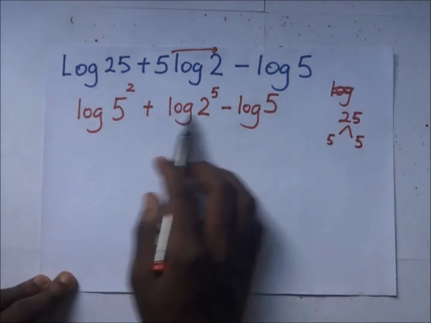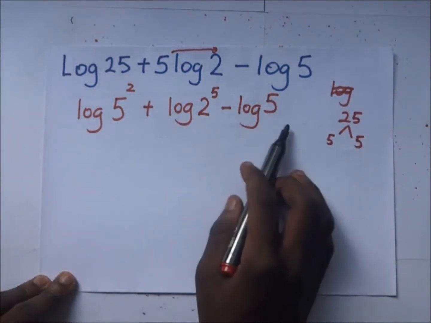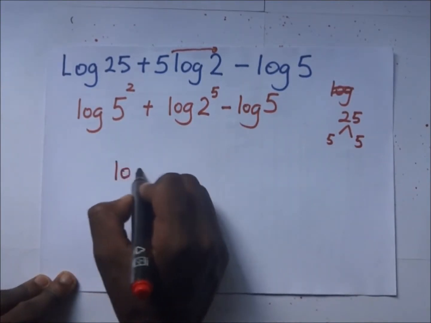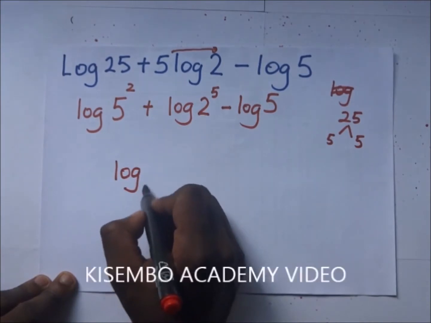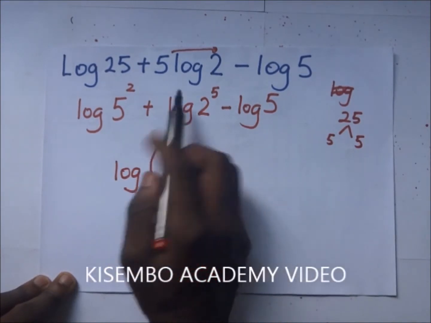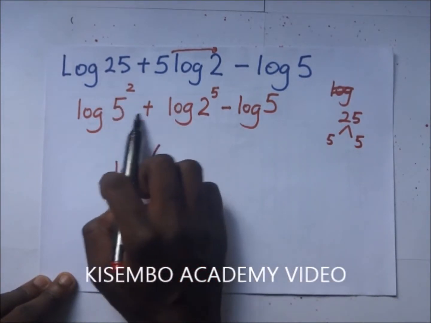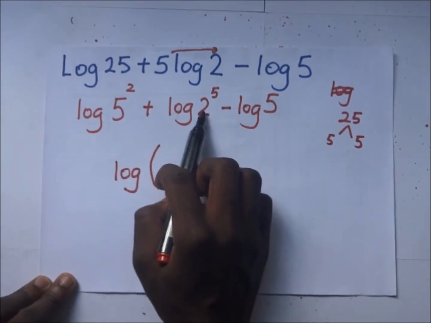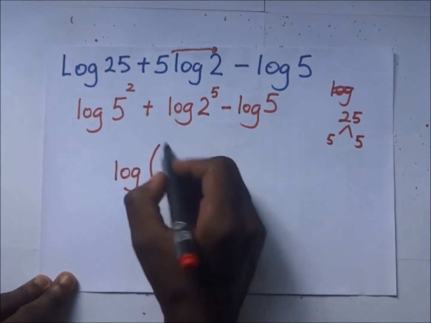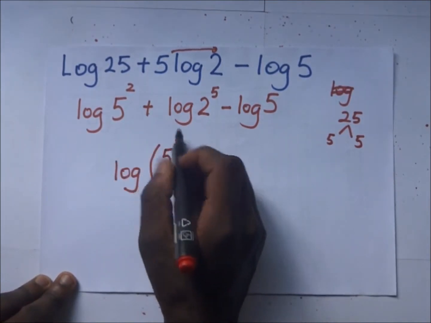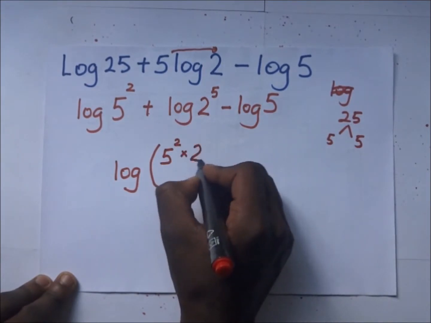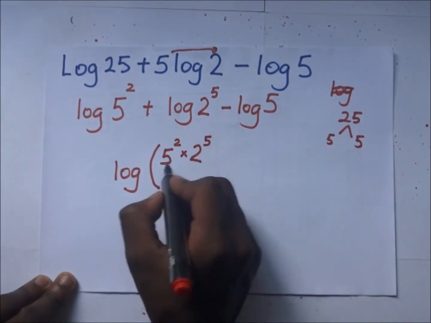Now here we have logarithms of the same base. Because they are of the same base, we shall maintain the same log, log base 10, and now you add these: it means we are going to say it is 5 to the power 2 multiplied by 2 to the power 5.